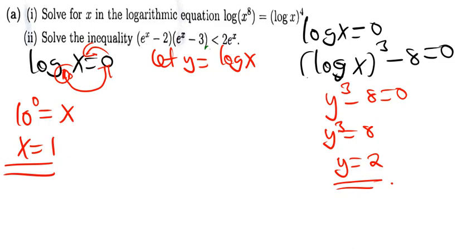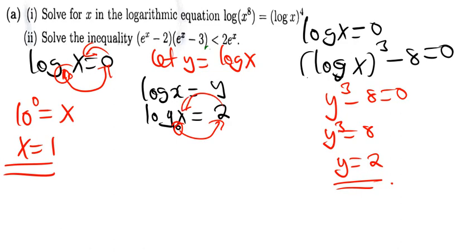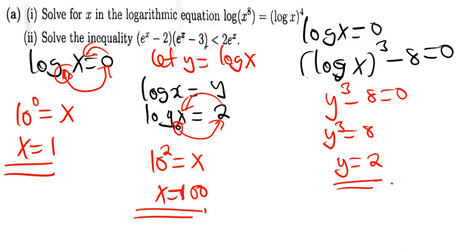So we are saying log x is equal to y. So log x is equal to, if y is equal to 2, what will be the value? If they have not indicated the base, it's always base 10. So the base raised to the power what is outside is equal to what is inside. What does it mean? 10 raised to the power 2 is equal to x. Okay? Therefore, x is equal to 100. These are the values of x.